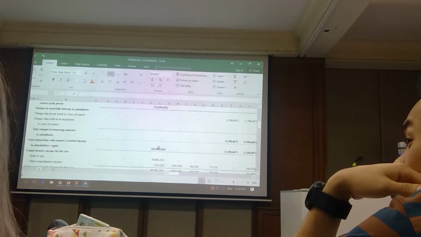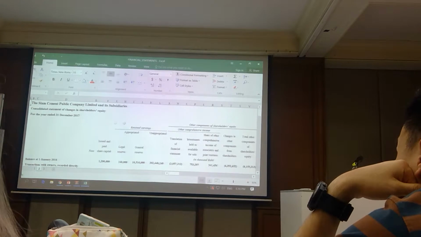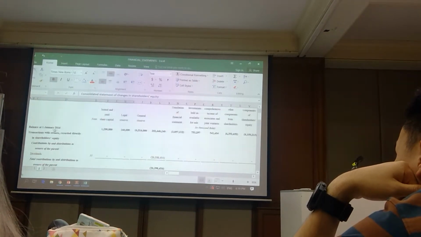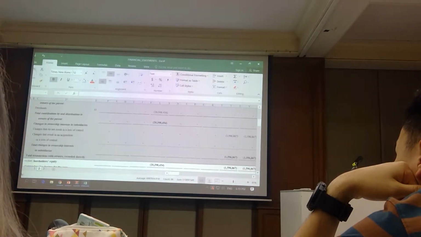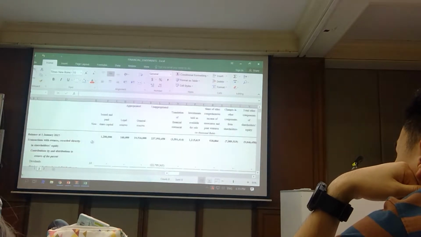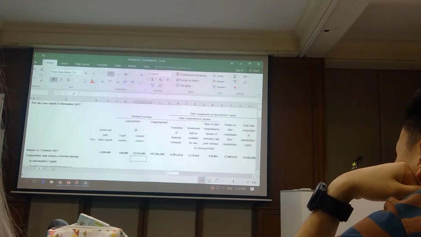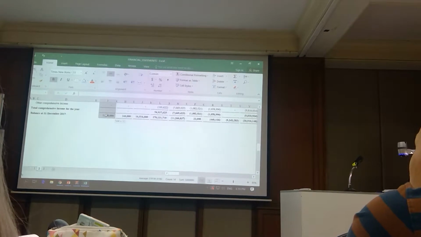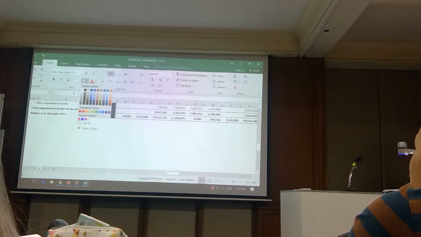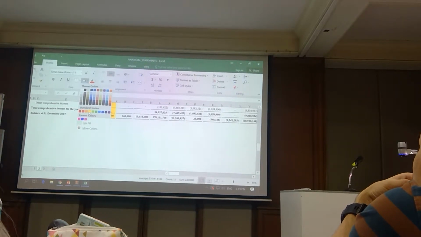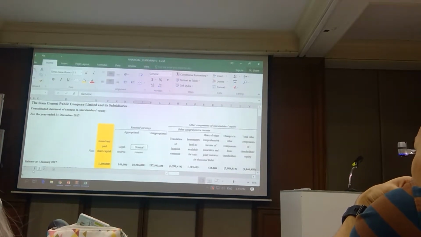If you're looking at the statement of changes in shareholders' equity, I'm going to show you like this. I highly suggest focusing on one year. If you're looking at this slide, we have the same. First, here, the equity part, the share capital part, which is the yellow part. All right, the retained earnings part.